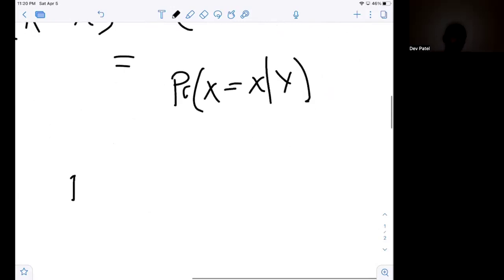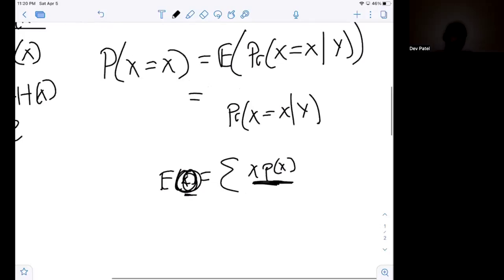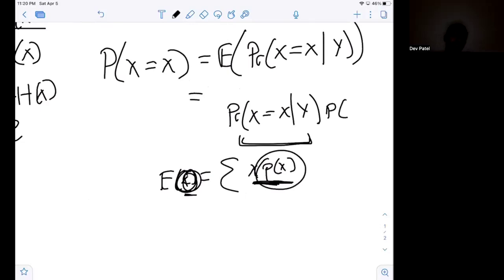Typically when you do the expected value of x, you think of x as the value, multiply it by the probability that it is x, and sum across all x's. In this case, that value is now this conditional probability, and the probability is now the probability of y.